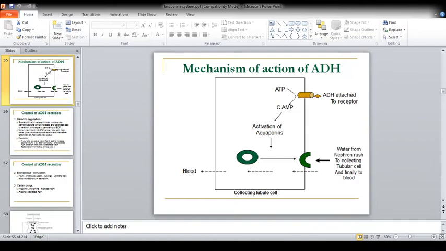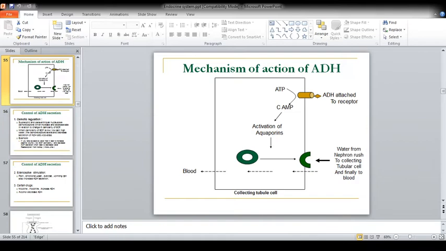So how is ADH secretion controlled? It is controlled via osmotic regulation, that is the supraoptic and the paraventricular nucleus are osmoreceptors, meaning they detect the osmolarity of the blood. They increase and decrease in size in relation to changes in osmolarity of the extracellular fluid that is present in between the cells.